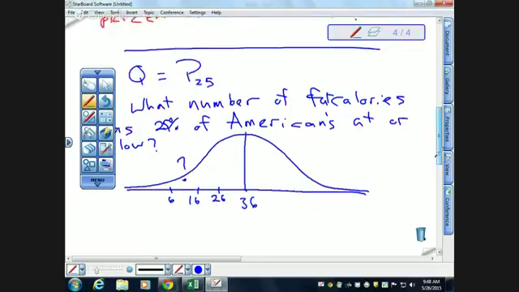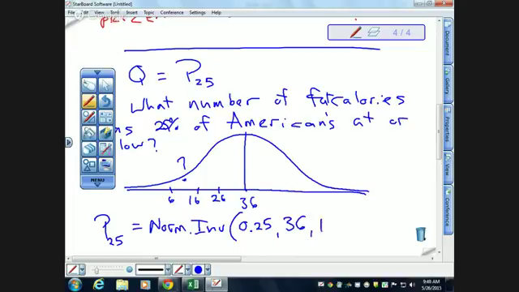What formula do I use for P25? Norm inverse, yeah. So norm dot inverse of 0.25, 25%. Mean here is what? 36, STD? 10. Norm inverse doesn't take another argument because it's always cumulative. There's no other option. And so I asked Excel that, and Excel told me it was about 29.26.